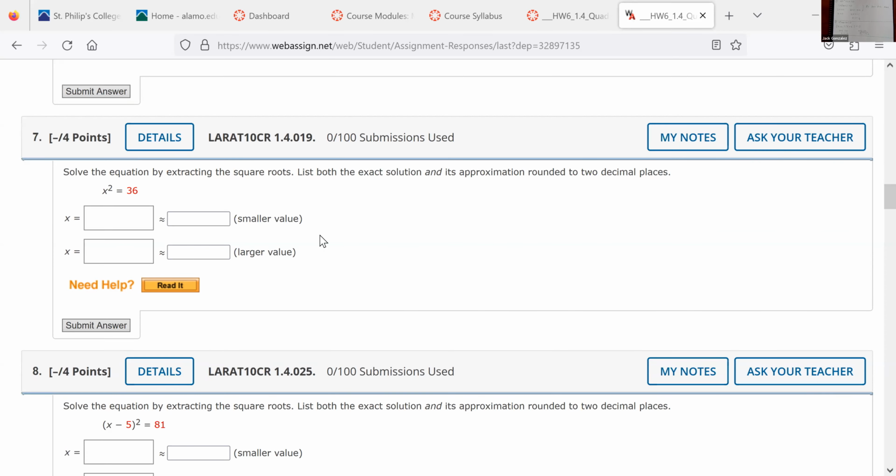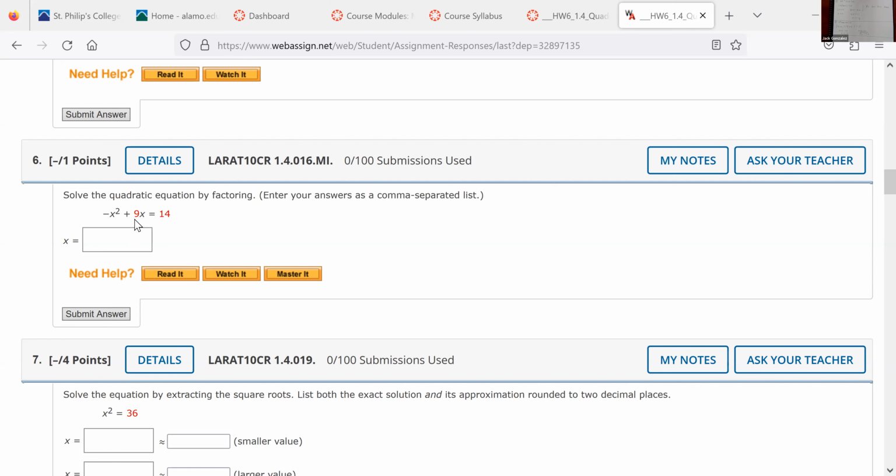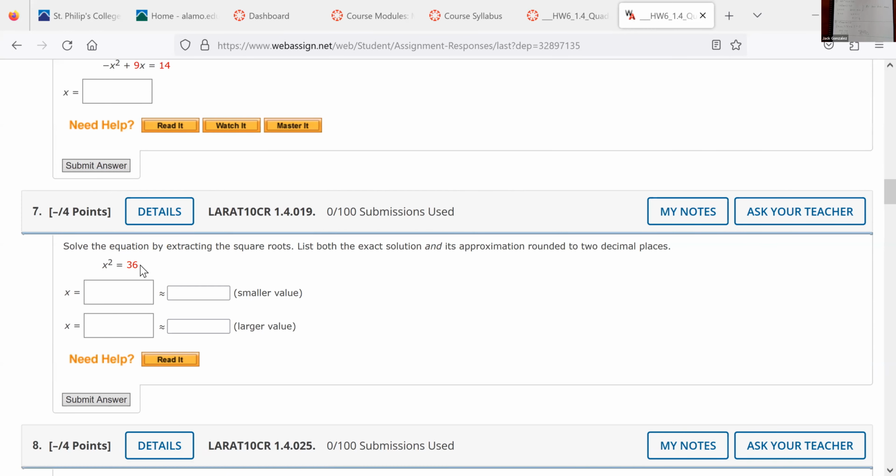All right. This will also be a trial and error. You just have to set it up first. Number 7 is a square root property type of problem. You could do difference of squares if you wanted to. I'll show you both ways.